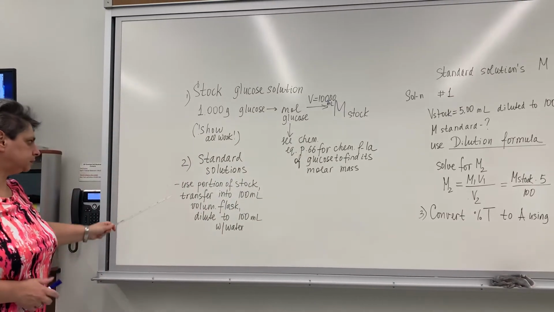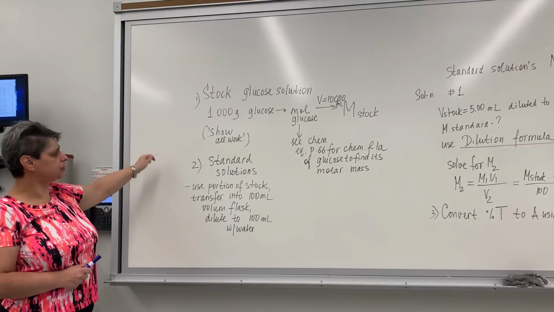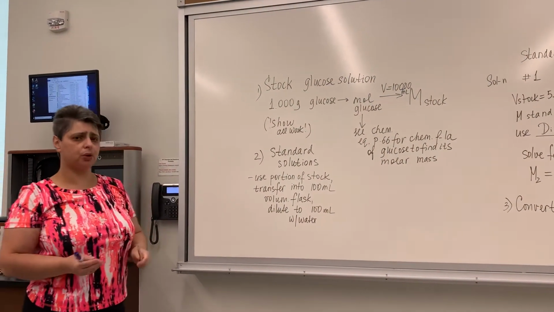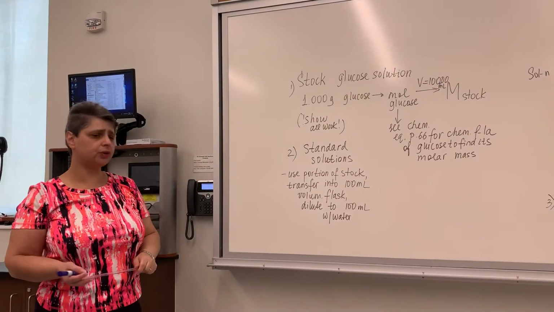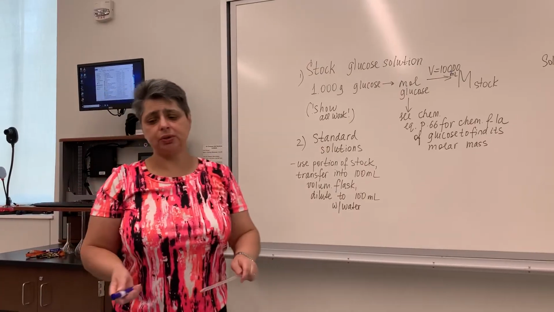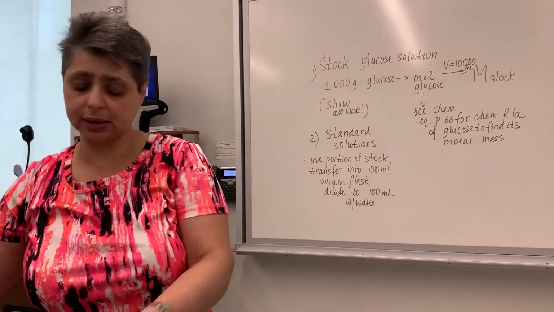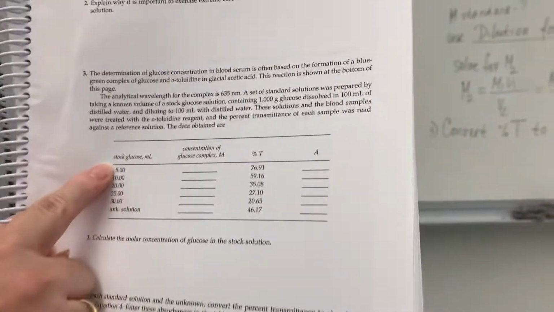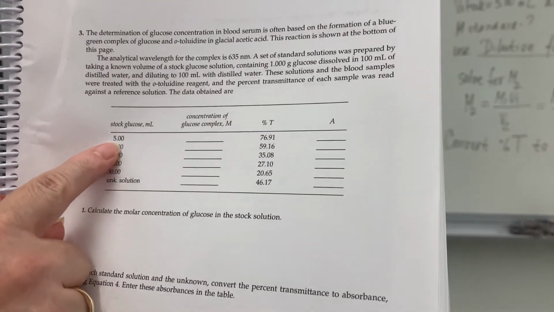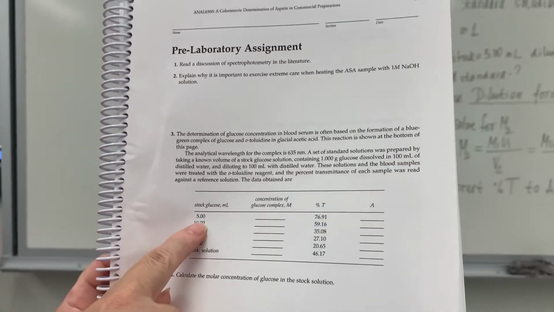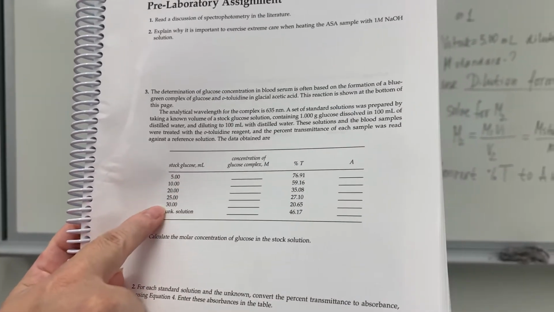And then that stock is used to make standards. Standard solutions are prepared by taking a portion of the stock and further diluting with water to 100 milliliters. As you will see in the table on this page, there's a total of 5 standards, and for the first standard 5 milliliters of stock is being used, for the second standard 10 milliliters of stock is being used, and so on.